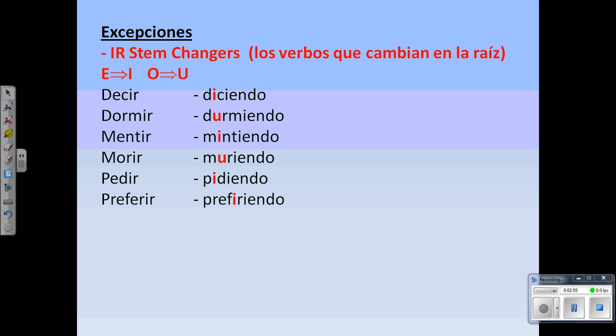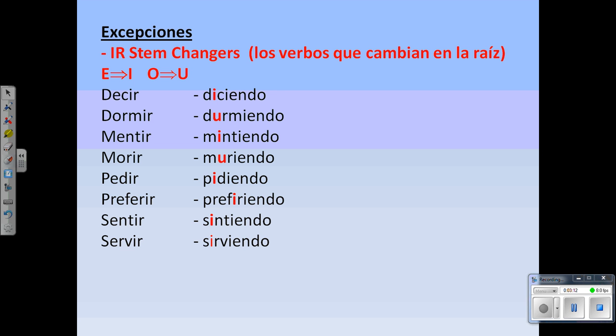Do you remember what mentir means? It means to lie. One of the vocab words that we have is mentiroso, which is a liar, and it's an adjective. Morir, muriendo, pedir, pidiendo, preferir, prefiriendo.